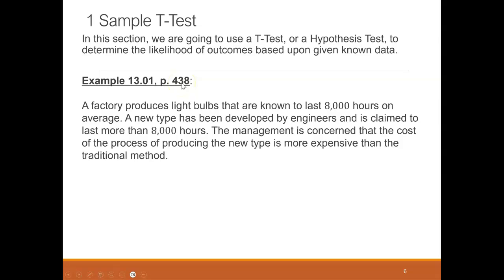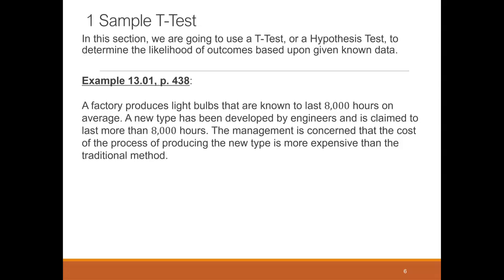So let's work through an example together. It says a factory produces light bulbs that are known to last for 8,000 hours on average. A new type of light bulb has been developed by engineers, and it's claimed to last more than 8,000 hours. But management is concerned that the process of producing the new type of light bulb is more expensive than the traditional method.